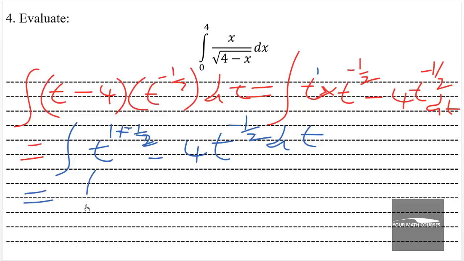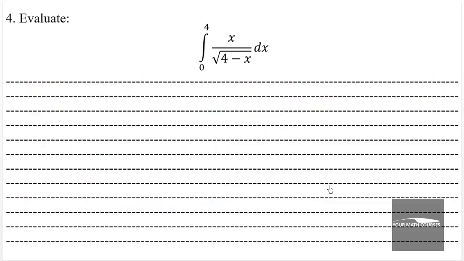This simplifies to the integral of t exponent 1 over 2 minus 4 t exponent negative half dt. So this is what we are going to integrate. So let's do that. So we are integrating t exponent half minus 4 t exponent negative 1 over 2 dt.